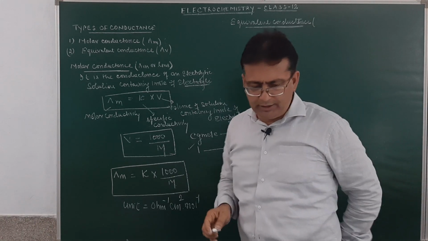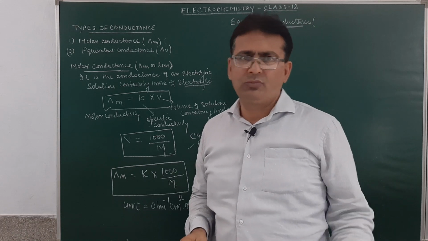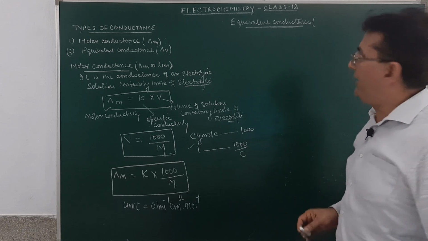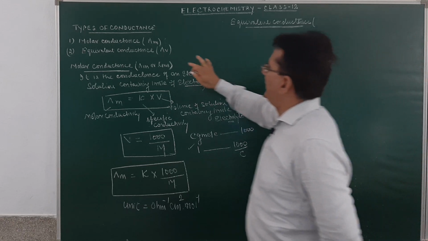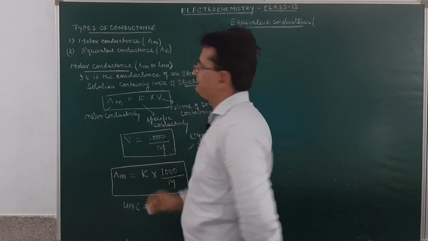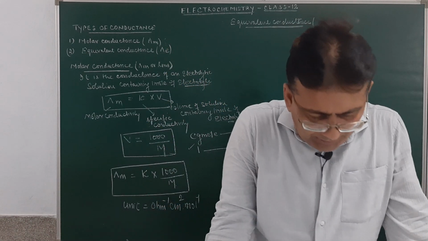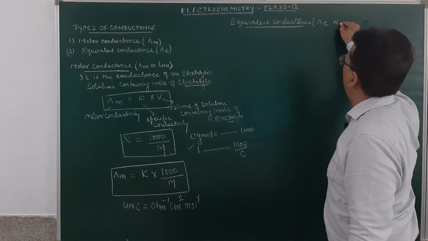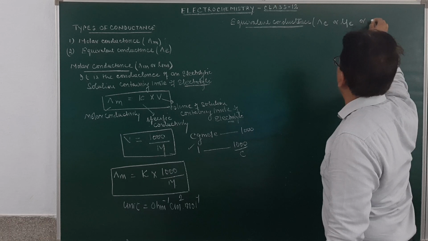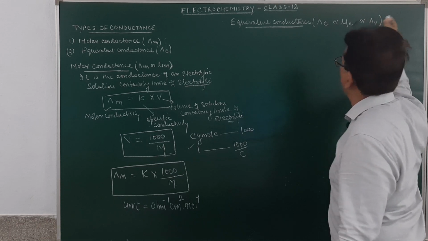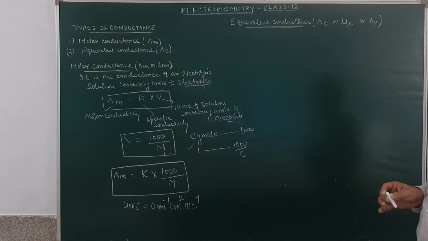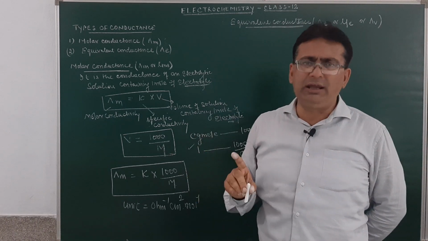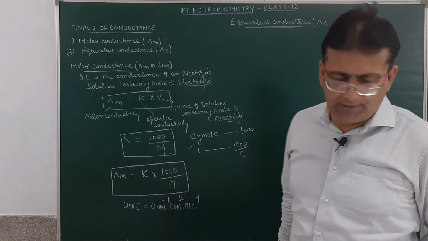Equivalent conductance can be represented as cap E or mu E, or some books also represent it as cap V. There is no problem in this. It is the conductance of an electrolytic solution containing 1 gram equivalent of the electrolyte. Am I clear? This was gram mole.